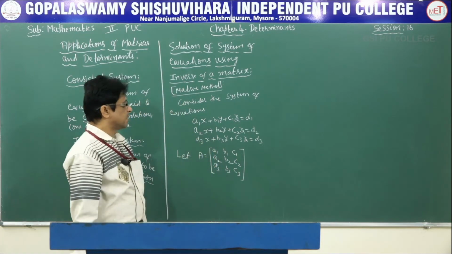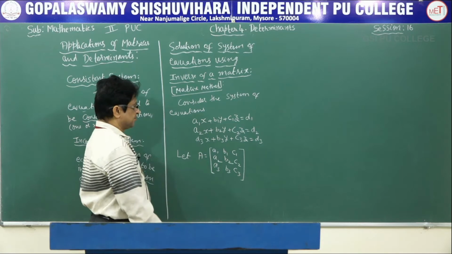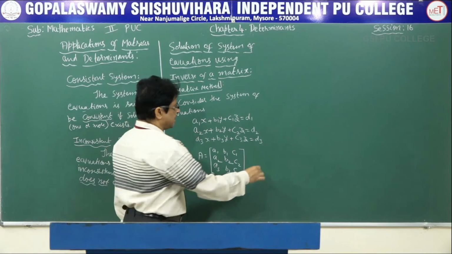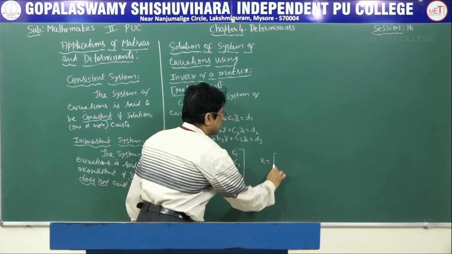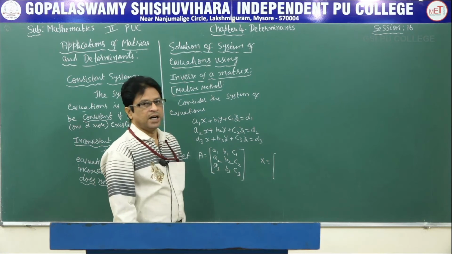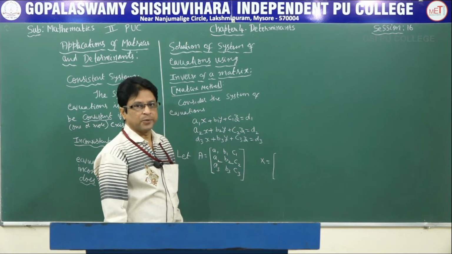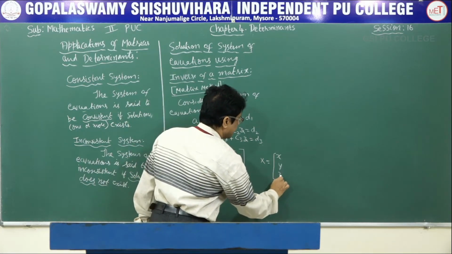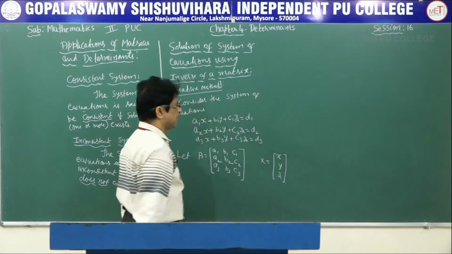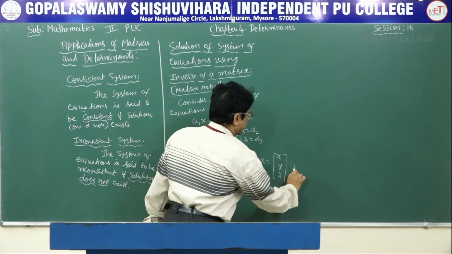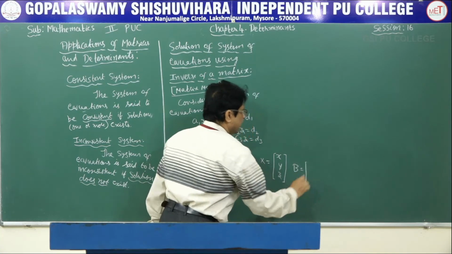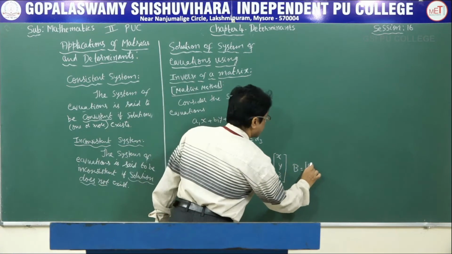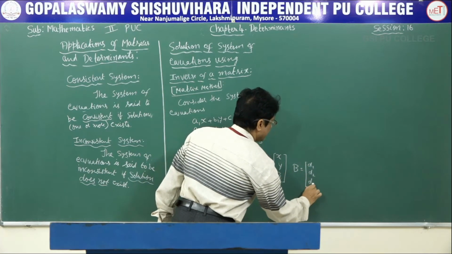So, you have to consider a matrix A whose elements are a1, b1, c1, a2, b2, c2, a3, b3, c3. Next, let us consider a matrix X where the unknown variables are written in a column, that is x, y, z. And let us consider another matrix B where the constants are written in a column, that is d1, d2, d3.